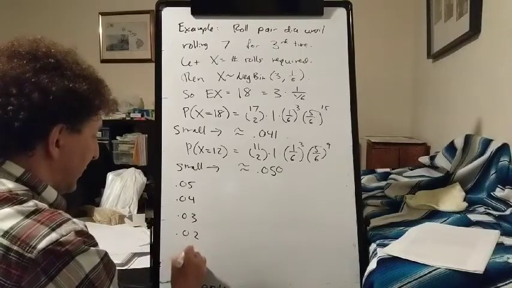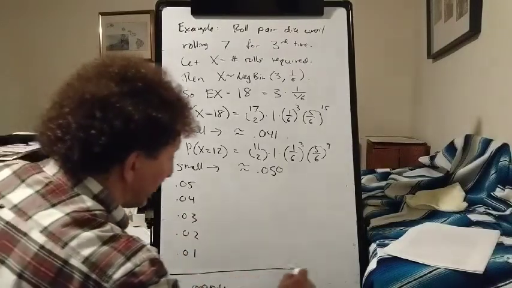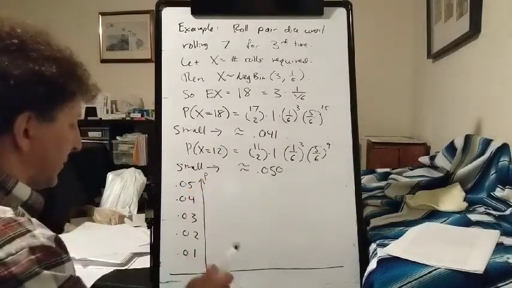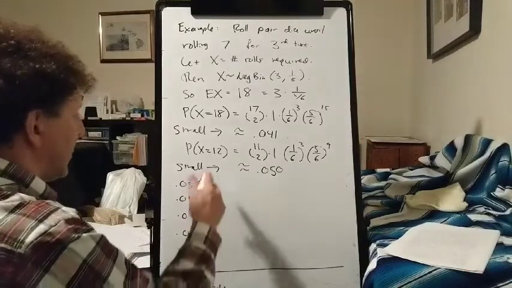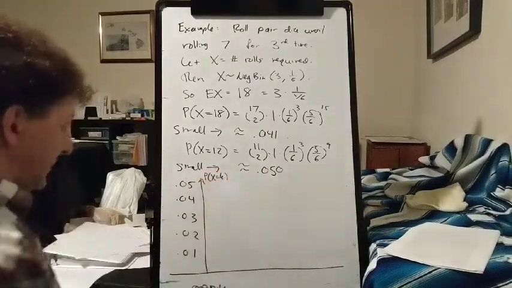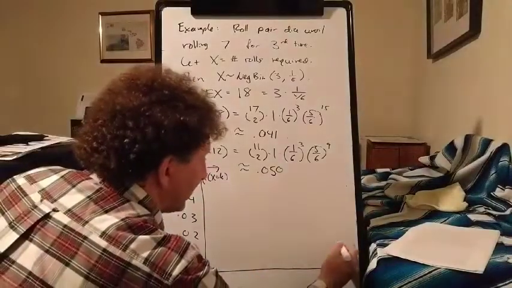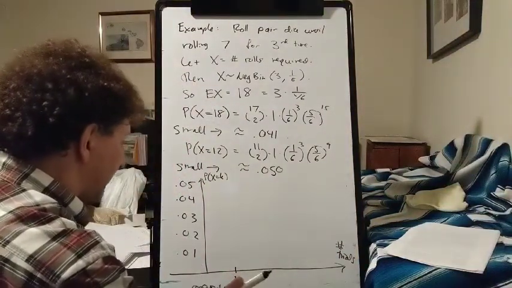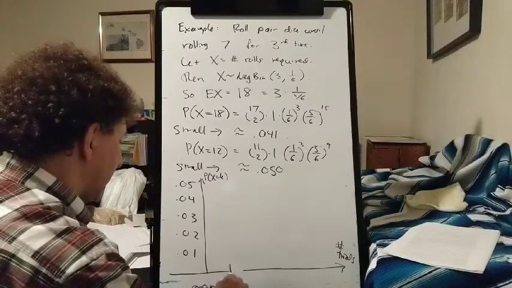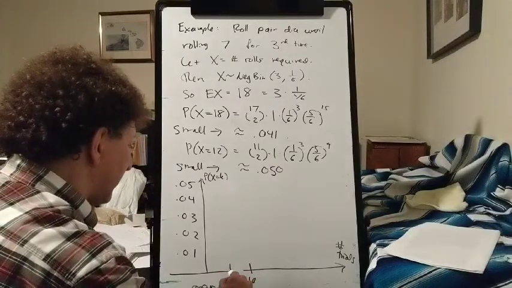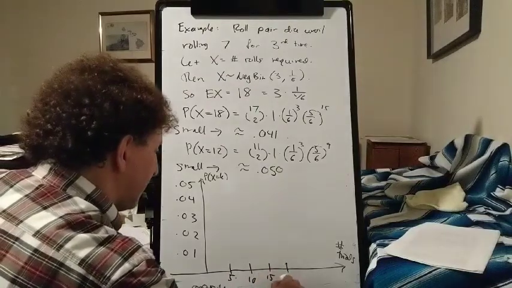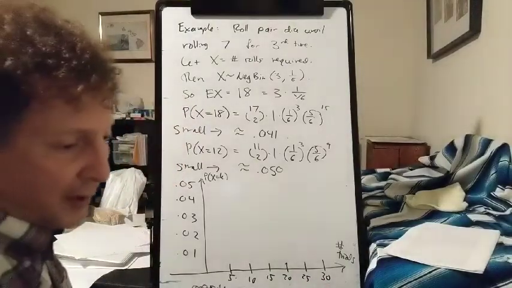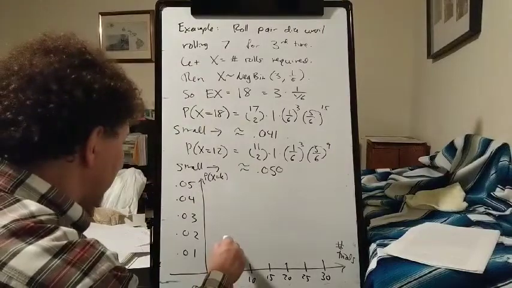So if we graph probabilities on this axis, and then number of trials on this axis, then the numbers I found were for 5, it's about 0.02.